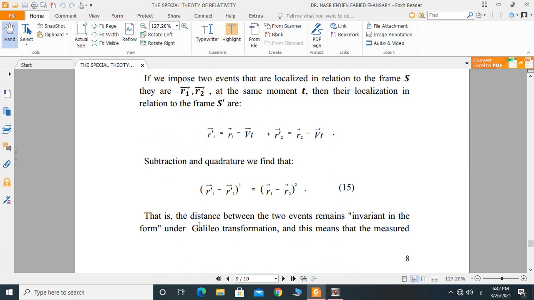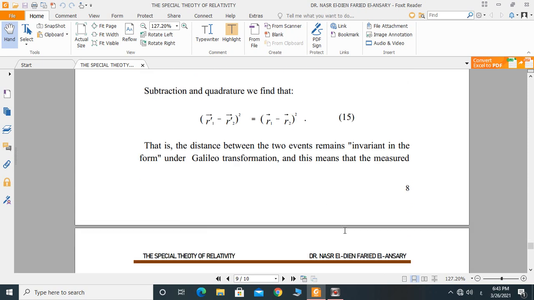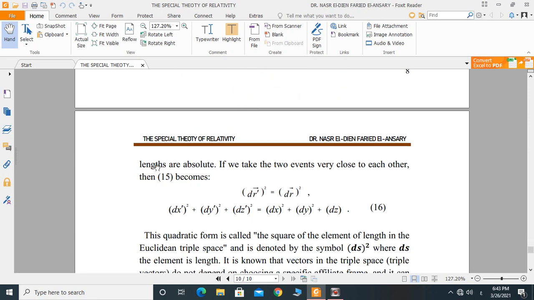That is, the distance between the two events remains invariant in form under the Galileo transformation. This means that the measured lengths are absolute.